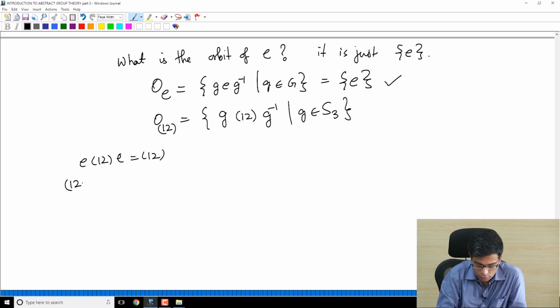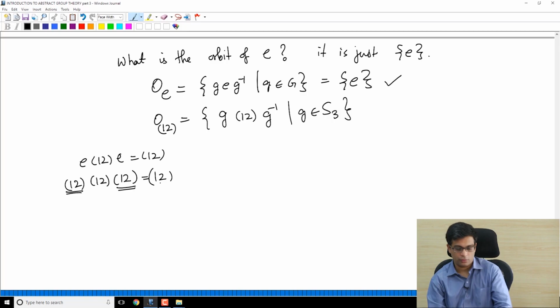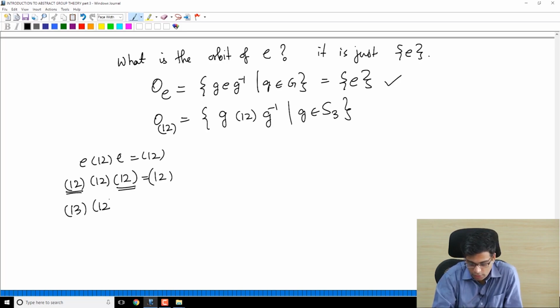What about (1 2) (1 2) (1 2) inverse? The inverse of (1 2) is again (1 2), and (1 2)(1 2) is identity, so we get (1 2). That's not surprising. The new thing will be if you take (1 3). So let's do (1 3)(1 2)(1 3) inverse. (1 3) inverse is again (1 3).